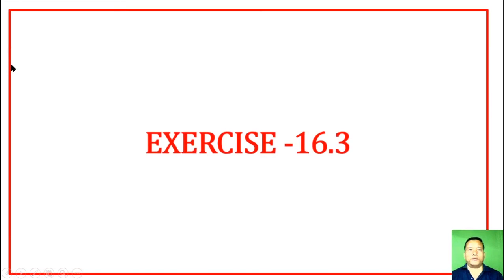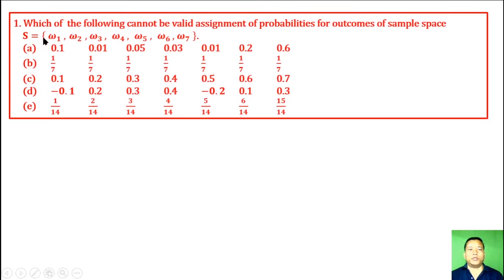Exercise 16.3. Question 1. Which of the following cannot be a valid assignment of probabilities for outcomes of sample space S consisting of omega 1, omega 2, omega 3, omega 4, omega 5, omega 6, omega 7? For A: P(omega 1) is 0.1, P(omega 2) is 0.01, P(omega 3) is 0.05, P(omega 4) is 0.03, P(omega 5) is 0.01, P(omega 6) is 0.2, P(omega 7) is 0.6.